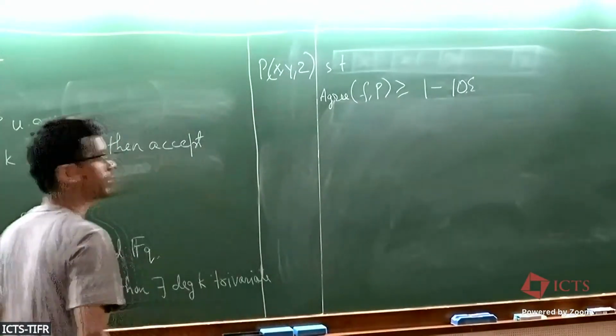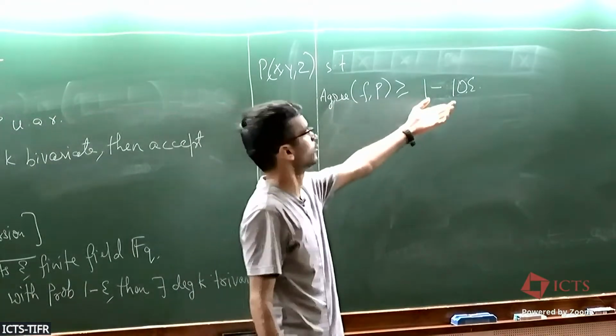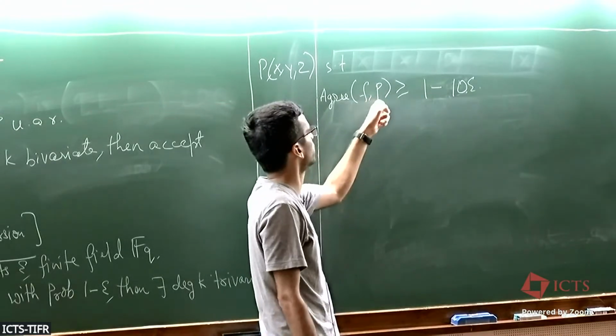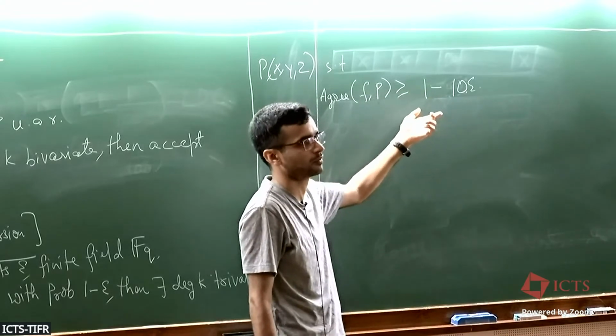So it's the contrapositive of what we would like to show. We'll show that if k is sufficiently small compared to q and the test passes with probability 1 minus epsilon, then F and P are actually pretty close. There is a degree k trivariate P such that F and P have agreement 1 minus 10 epsilon.